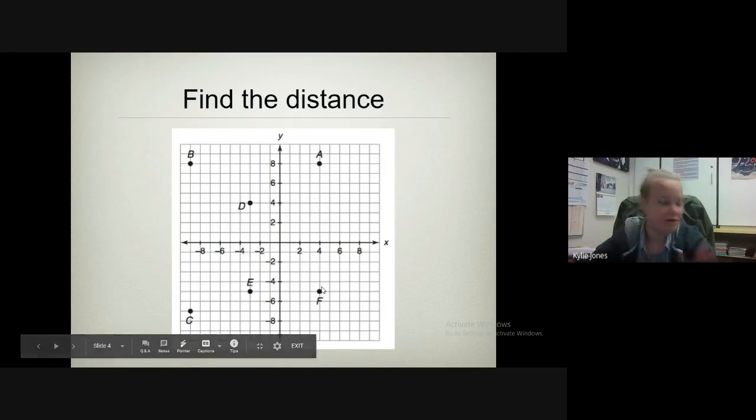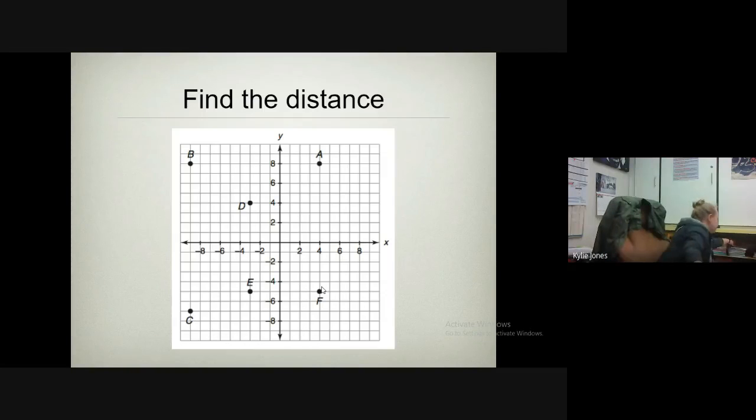Okay, so this one I really do want you to try on your own. I'll write it down, but I want you to find the distance between D and E. Point D is -3, 4, and point E is -3, -5.